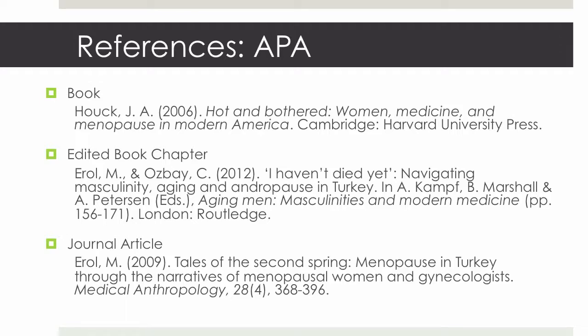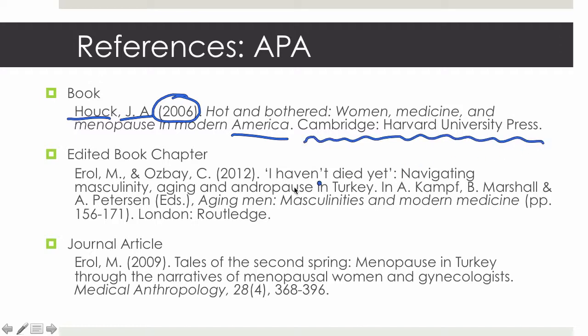The way you cite a book is you start with the surname of the author, followed by the initials, first initial, middle initial, and then you give the date in parentheses, and then the title of the book in sentence case, so you do not capitalize all the words. You only capitalize the first one and the one that comes after the colon, which is a subtitle, and you also capitalize the proper nouns, and then you give the publication information.